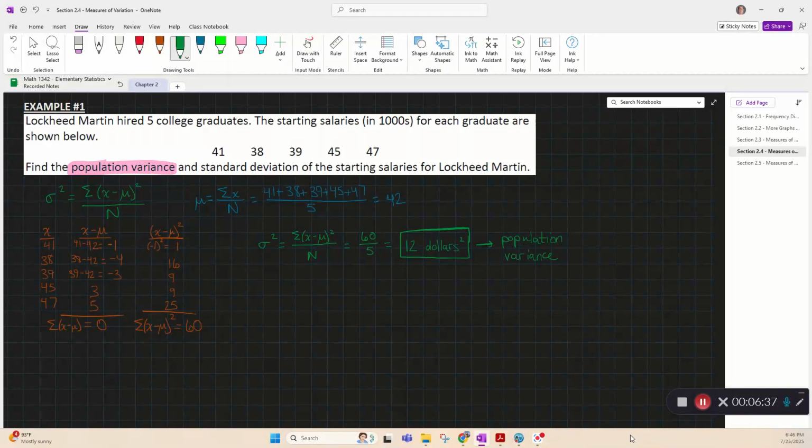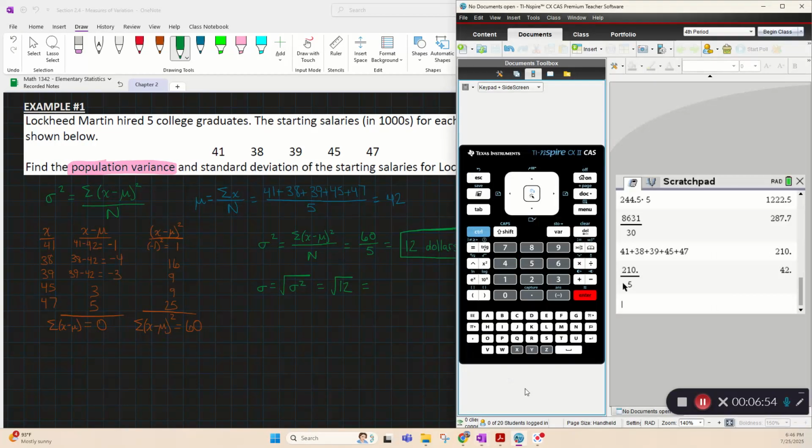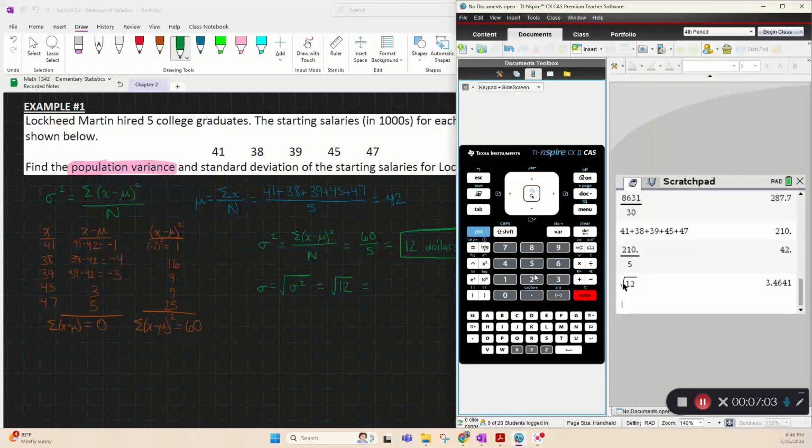Now it says and standard deviation. So standard deviation is simply the square root of the variance. So we would have to do the square root of 12, which is, let's see here, square root of 12, 3.4641, etc., etc. We're dealing with money here.